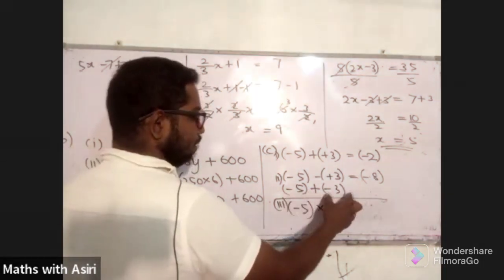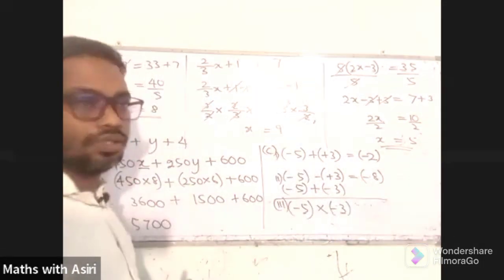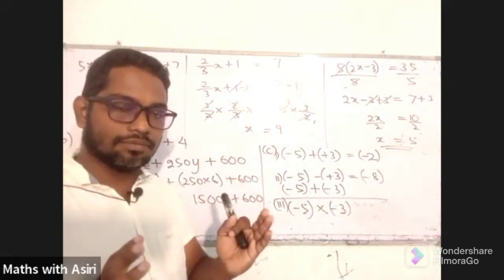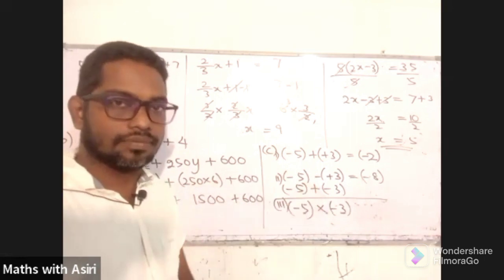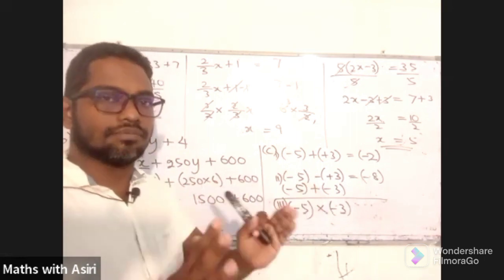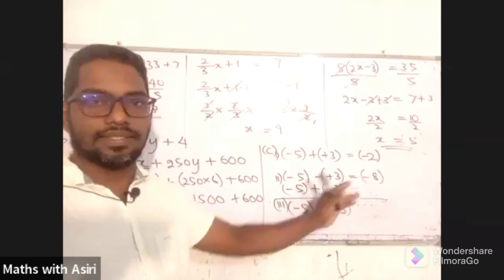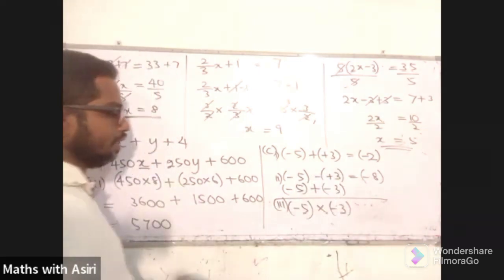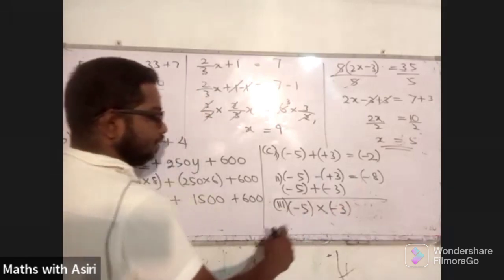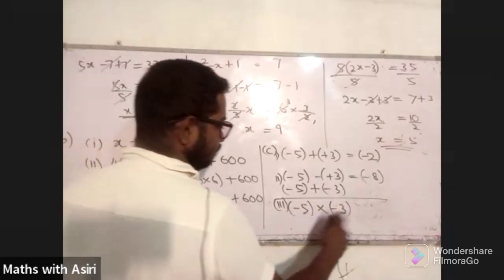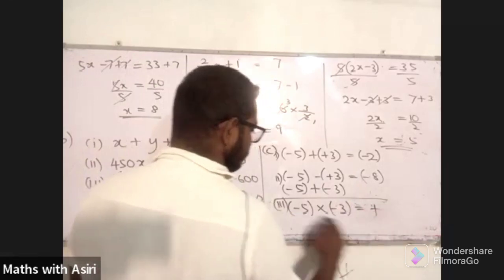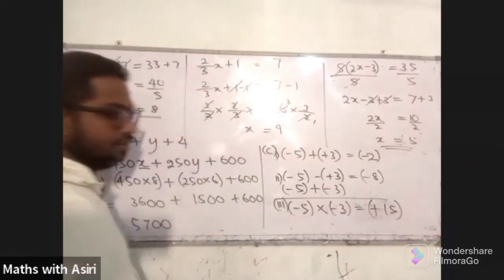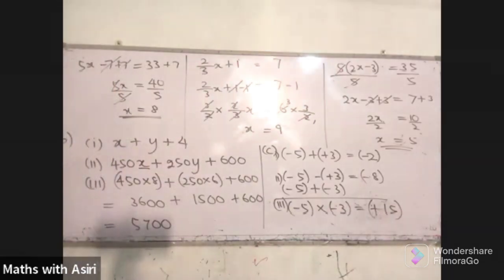If there are two directed numbers to add in the same sign, get the sum of them and give the symbol of them. 5 and 3 is 8. Symbol is minus, so minus 8. Then third one, minus 5 times minus 3. Minus by minus is plus, 5 times 3 is 15. Plus 15 is the answer.